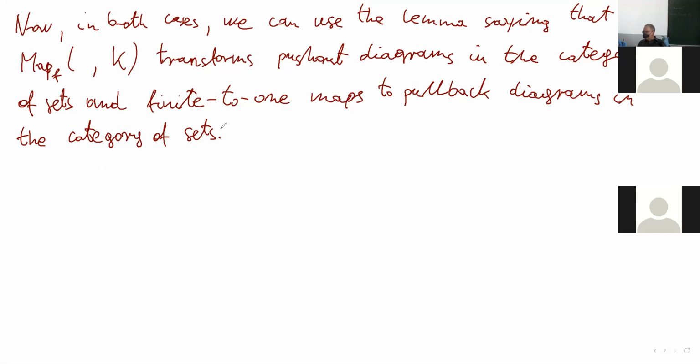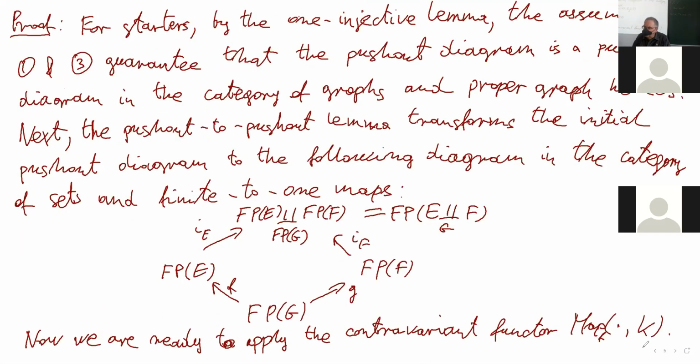We know that, you see, our starting point is the same in both cases. That's this push-out diagram in the space of paths, okay? And it does satisfy our assumptions because, well, we assumed that the push-out of the initial push-out of graphs is one injective and finite-to-one. So now we know that this diagram is one injective and finite-to-one.